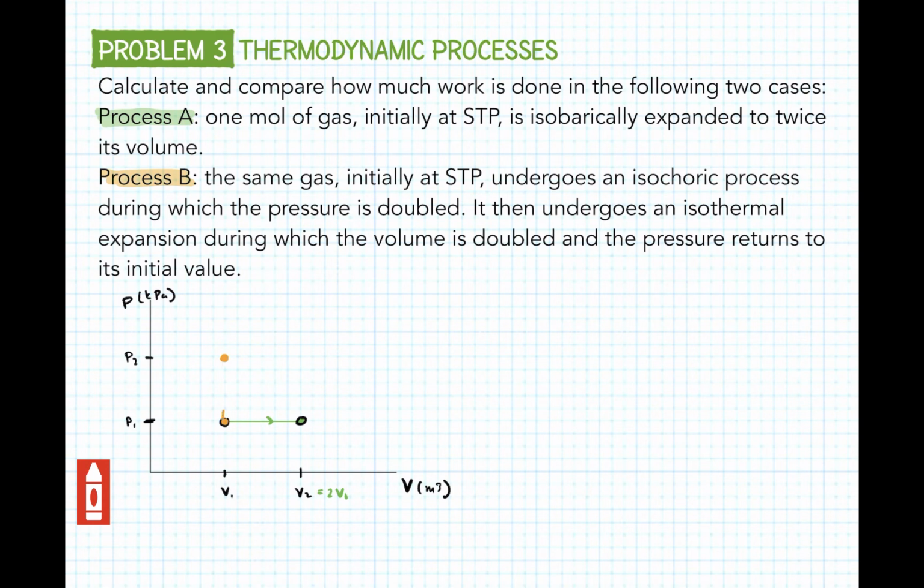Let's try this. Okay, there's our isochoric process. And then it undergoes an isothermal expansion during which the volume is doubled and the pressure returns to its initial value. So that would be down here, the same spot as we did this other thing. And you have this inverse curve that looks like this. So we have process B in orange, and we have process A in green.